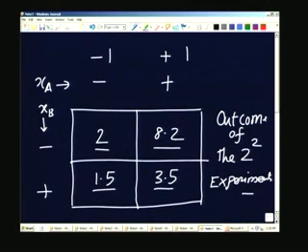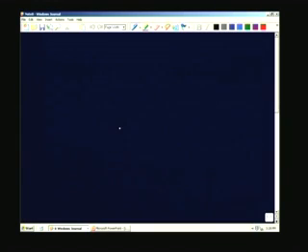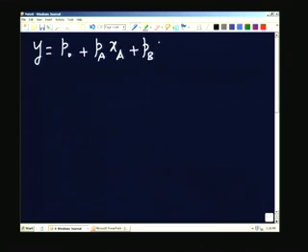So, now I will write the 4 equations using the model which we have proposed. So, if you remember, y equal to, I will just write the model here, P naught plus P a x a plus P b x b plus P a b x a x b. There are 4 values in the table, and for each one of them I can write the corresponding equation here.